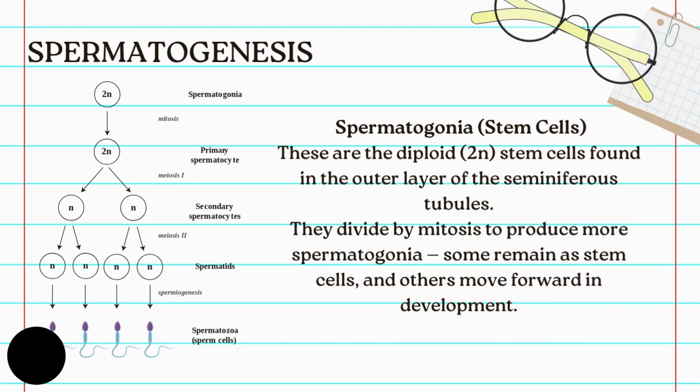So this spermatogonia is going to undergo mitosis. With mitosis, there's no dividing of numbers. The cell just divides and makes another copy of itself with the same genetic information.